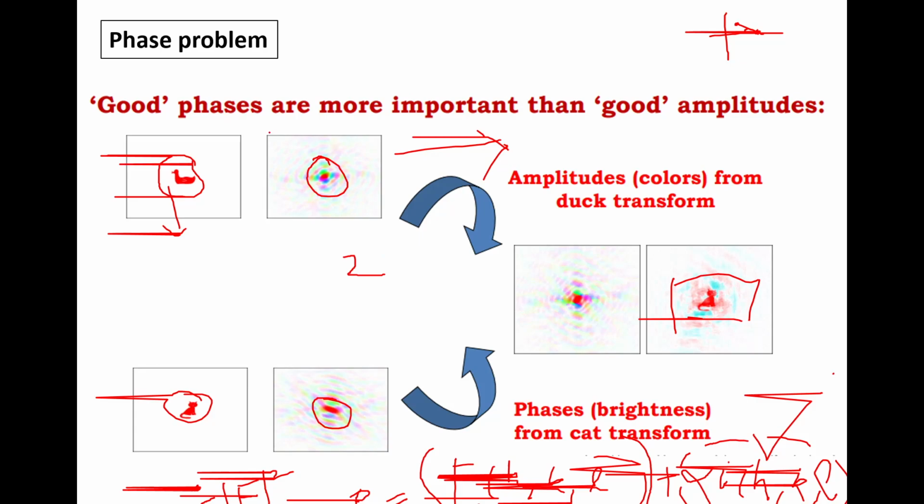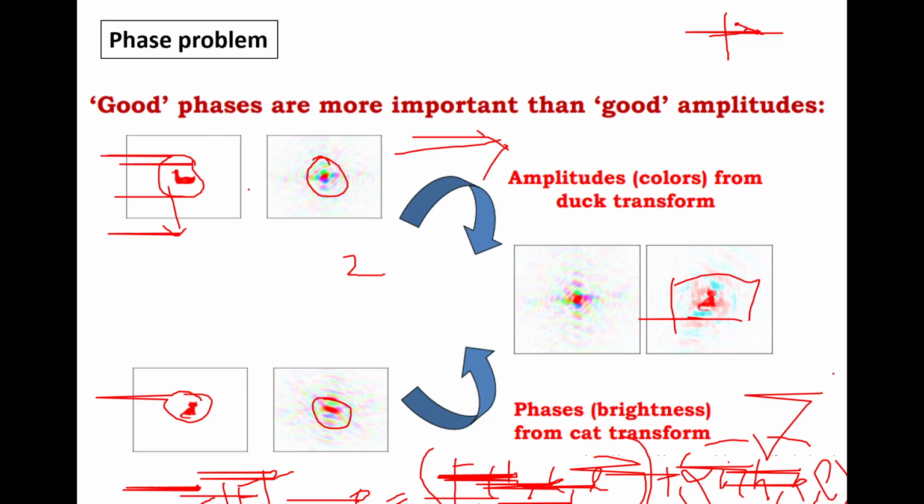To understand better how these phases are important, people did a very interesting experiment with a duck. Consider that this duck image is made up of different waves, and each wave has an amplitude and a phase.